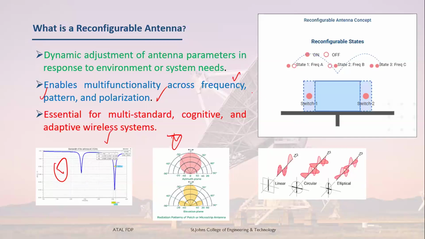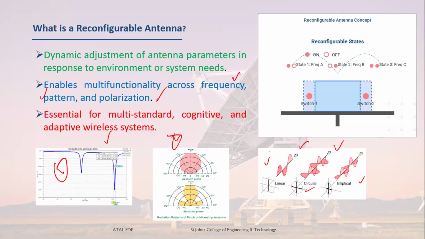And polarization. Antennas generally provide linear polarization, or it may be circular or elliptical polarization. Elliptical polarization is a special case of circular polarization. Generally, it is very difficult to achieve perfect circular polarization; a slight variation we call elliptical polarization. There are several advantages of circularly polarized antennas. If I use a linearly polarized antenna and the transmitting antenna is horizontal, the receiving antenna must also be horizontal.